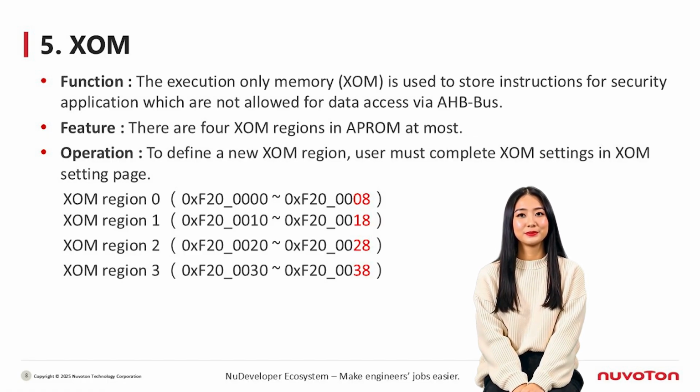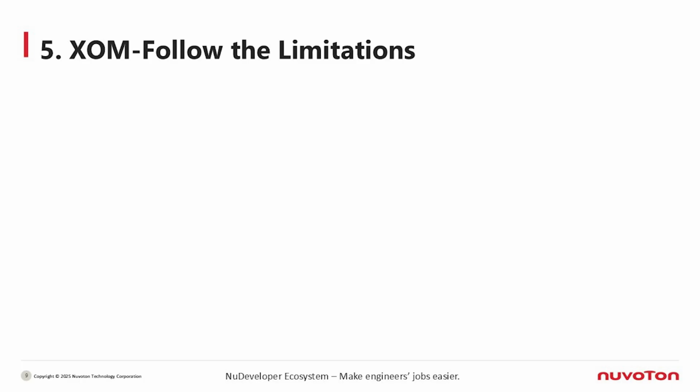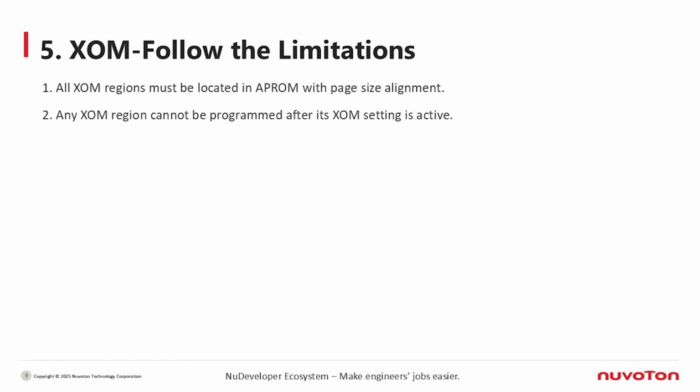The following principles need to be followed in the XOM application. 1. All XOM regions must be located in APROM with page size alignment. 2. Any XOM region cannot be programmed after its XOM setting is active. 3. Any XOM setting cannot be changed during runtime. 4.